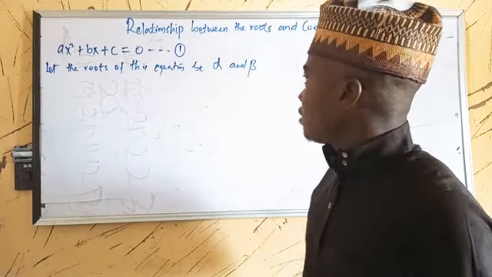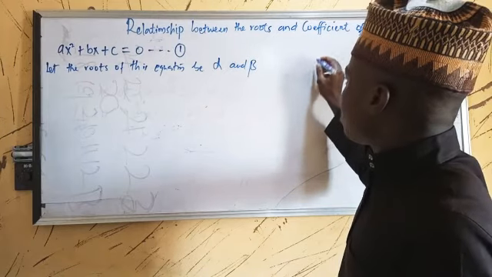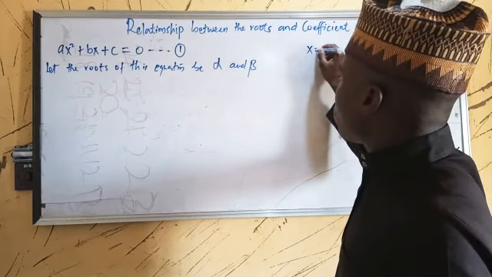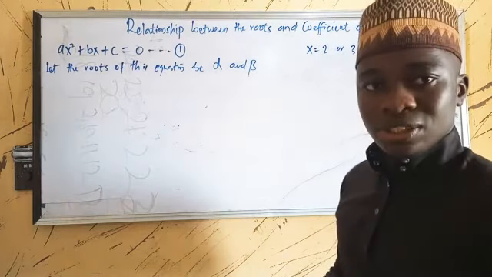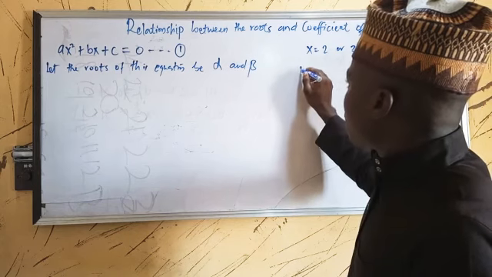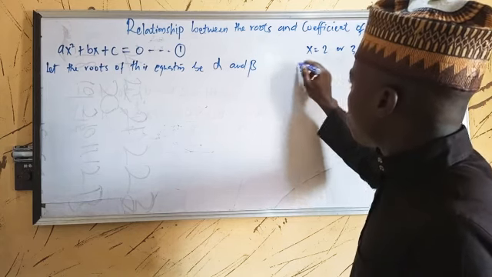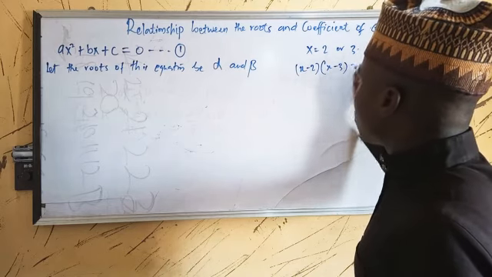You understand? Definitely, if you want to write this one now, x is the same thing. If you say x equals 2 or 3, you understand? So we came about this from what? From x minus 2 or x minus 3 equals 0.